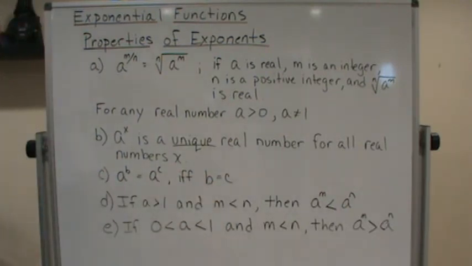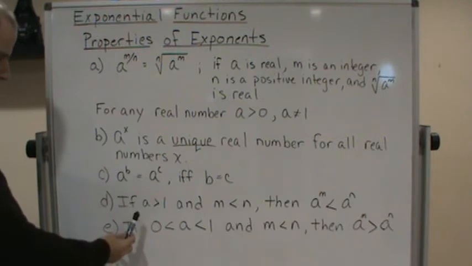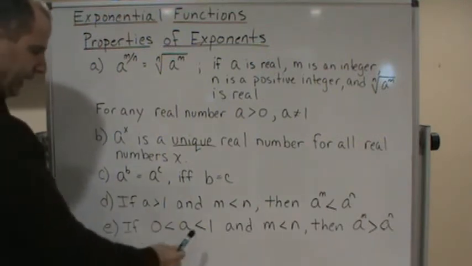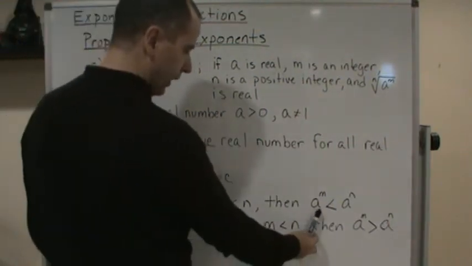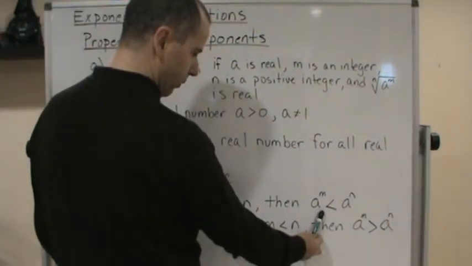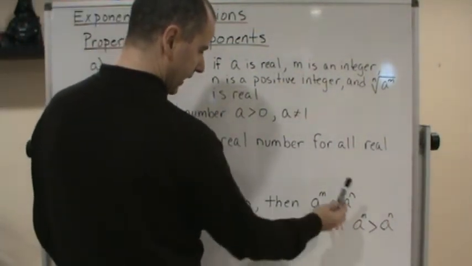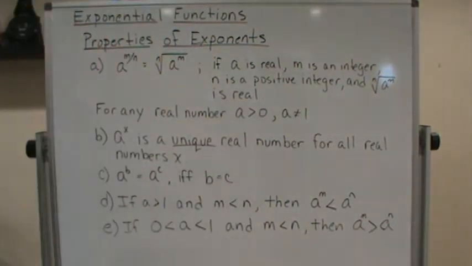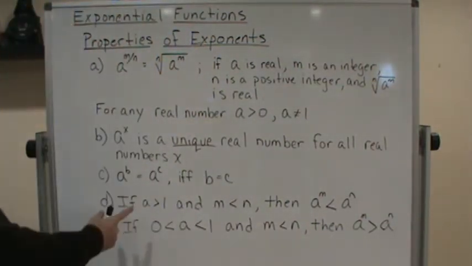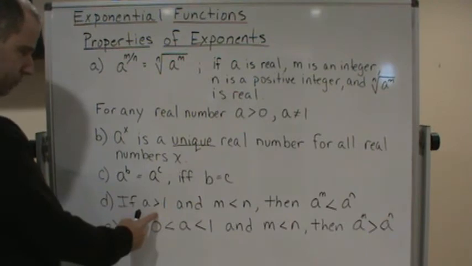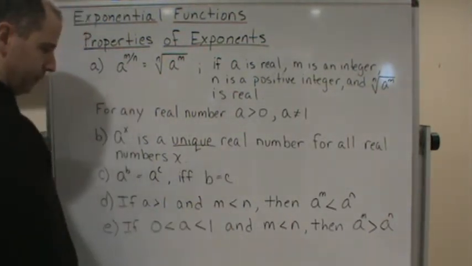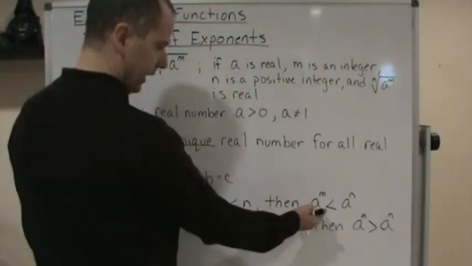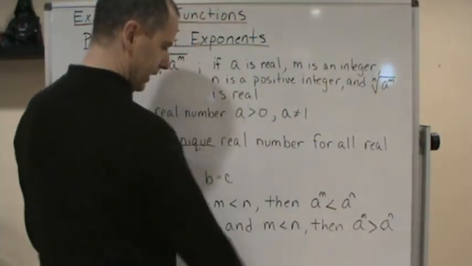D: if a is greater than 1 and m is less than n, then we know that a to the m power is less than a to the n power. Again, a is greater than 1 and m is less than n. If that's true, then a to the m is going to be less than a to the n.